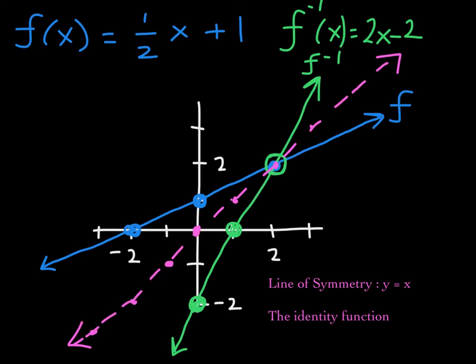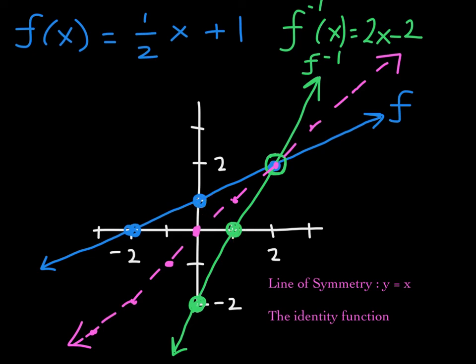And what you see on one side of the line of symmetry, you get the mirrored image over here for the inverse function, right? So for example, -2, 0, its mirrored image across the line of symmetry would be 0, -2. These 2 points are mirrored images of each other with respect to this line of symmetry. 0, 1, and 1, 0, these 2 points are mirrored images of each other.